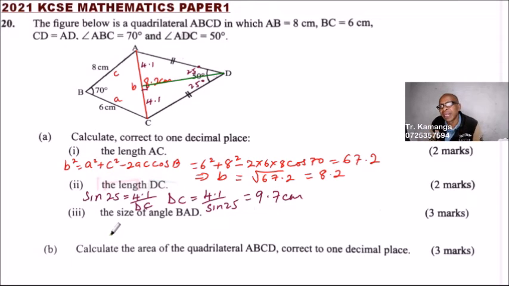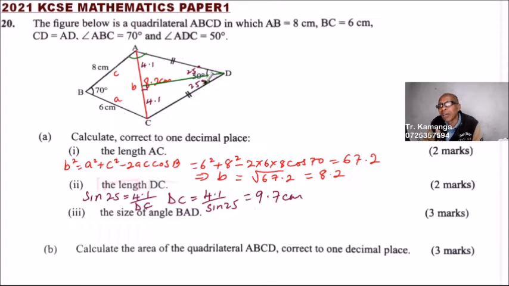We look at part 3, the size of angle BAD. Where is that angle? BAD is this angle. Already we know this angle is 25, so this angle is 50.